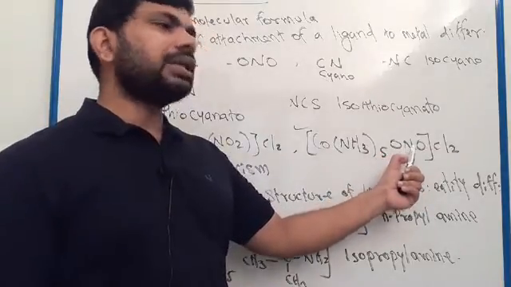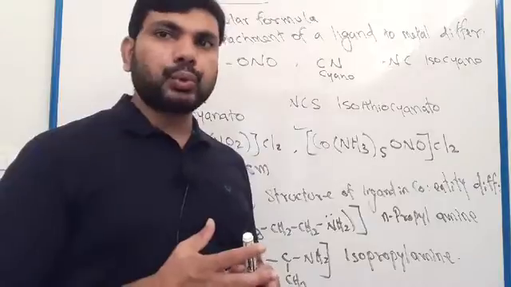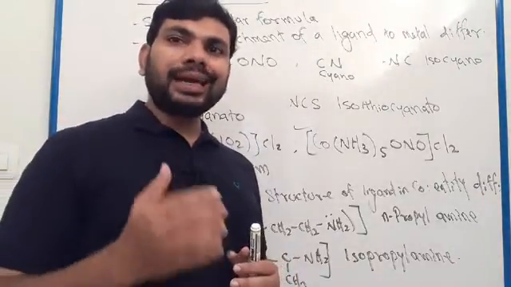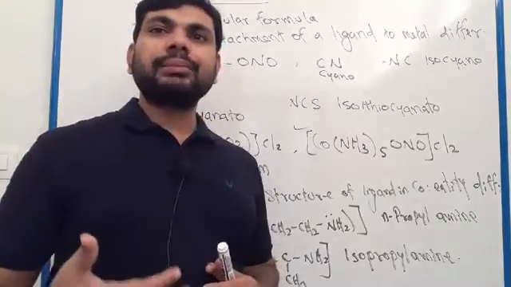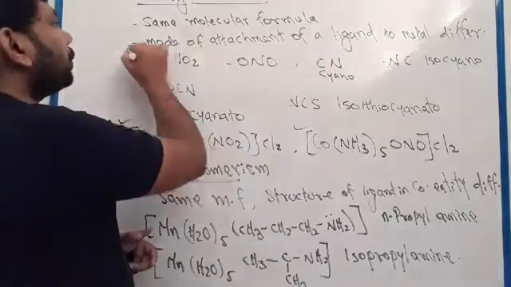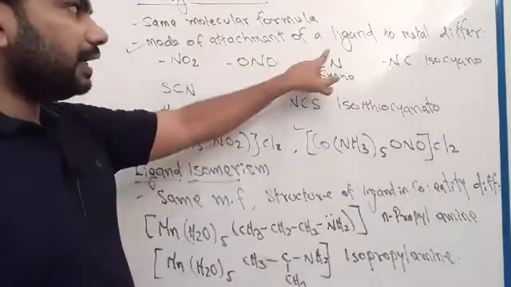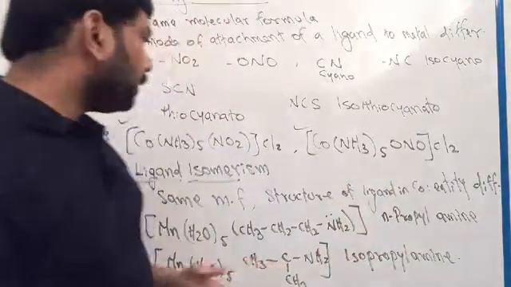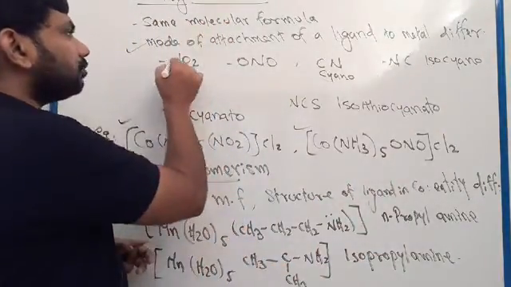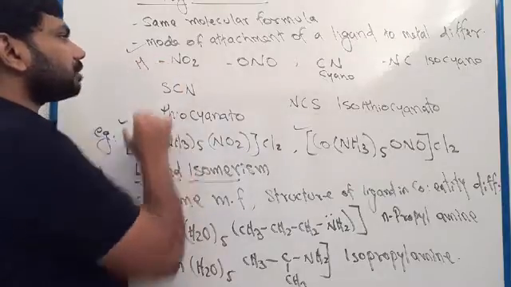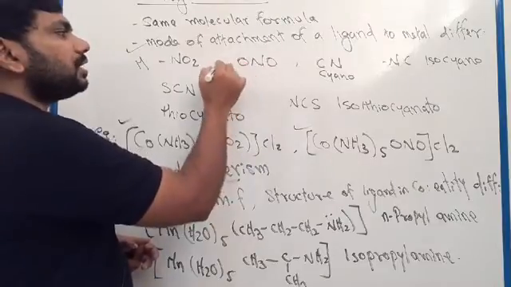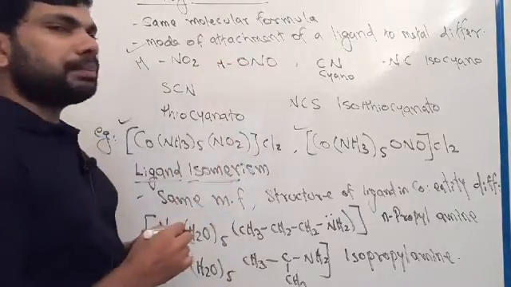Actually, nitrogen and 2 oxygen, it is NO2. But the mode of attachment of the ligand to the central metal atom differs. NO2 means nitrogen is attached to the central metal atom. ONO means oxygen is directly attached to the central metal atom.